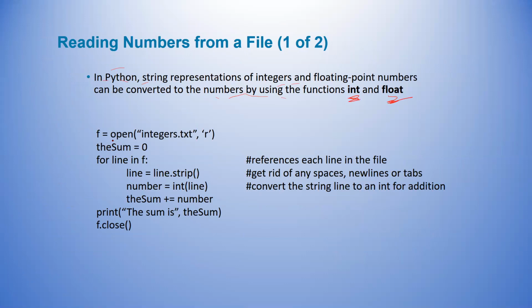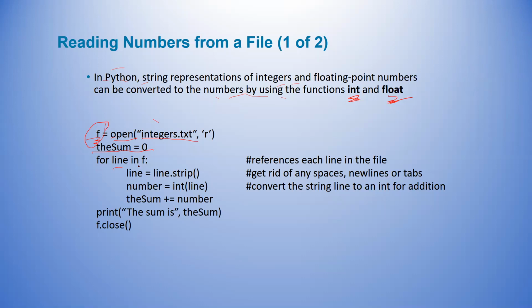Okay, so we open this file named integers.txt. We open it, and the file object name is f, okay? And so now when you want to reference the file, you need to use this object name. I'm repeating this concept here, okay? And we initialize it to 0, and then we can reference each line, right?